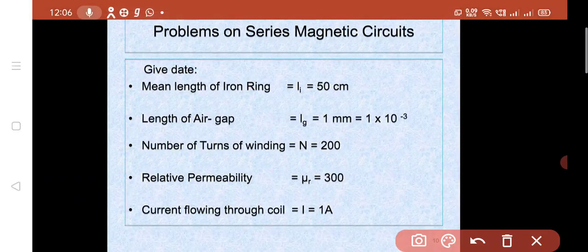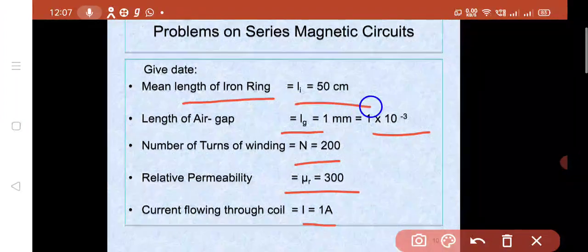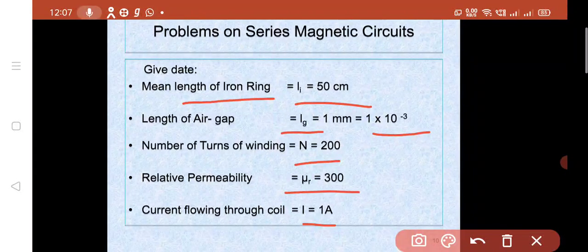Okay, given data. Mean length of the iron ring Li is equal to 50 centimeters, and length of the air gap Lg is 1 mm, so 1 into 10 to the power of minus 3.